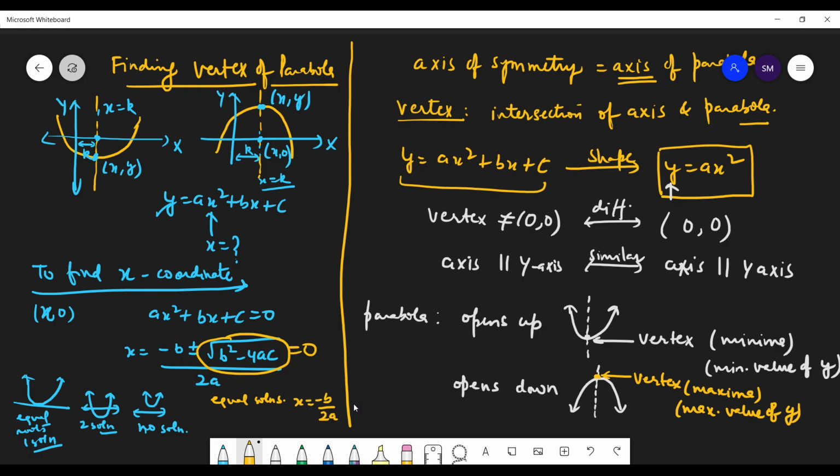Yes. So the coordinate of the vertex of both the parabolas will be x equals to minus b upon 2a.